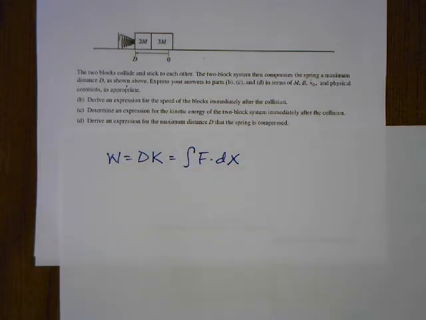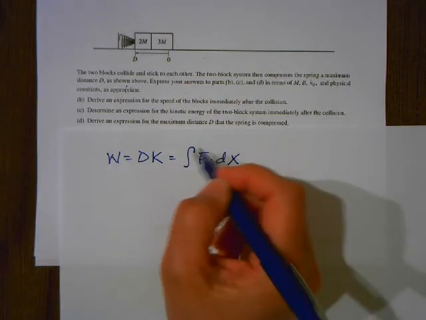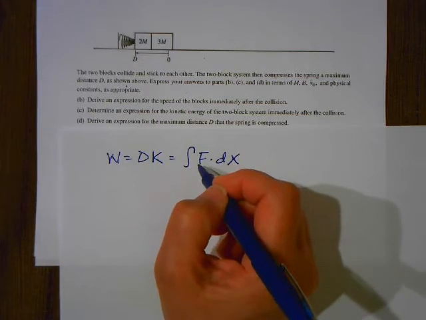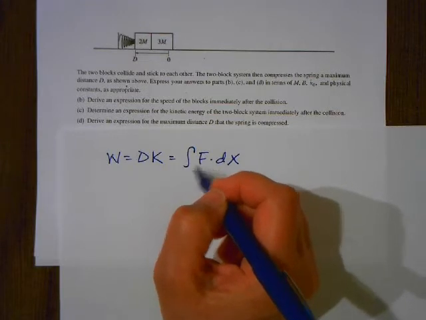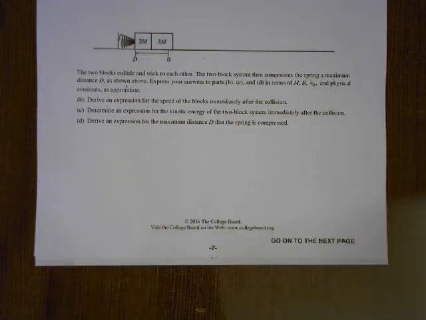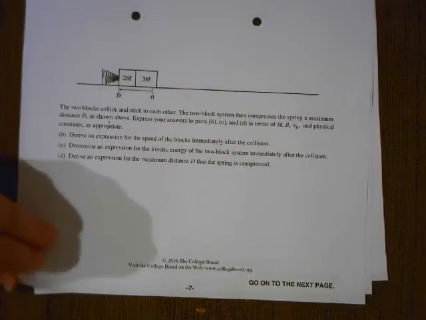So we're going to go back and use some of the information from part C, and put that in here. So you're going to say work is equal to the change in energy, and then you have to integrate. Not my favorite part.